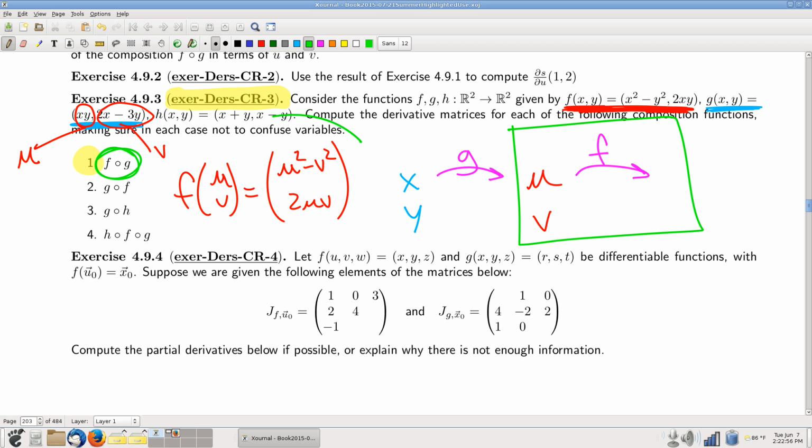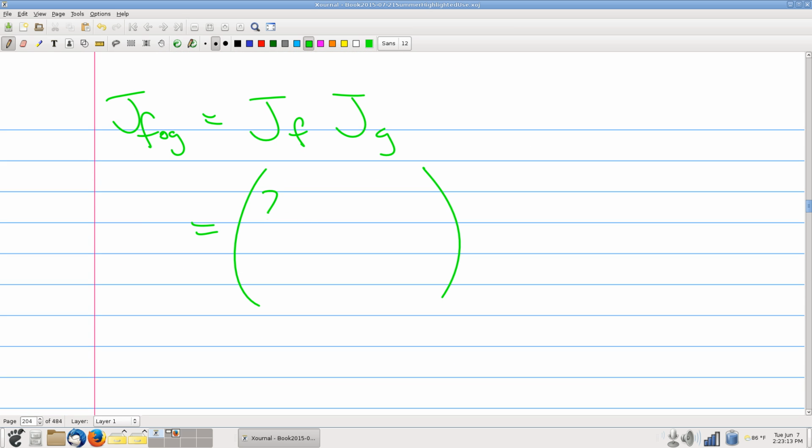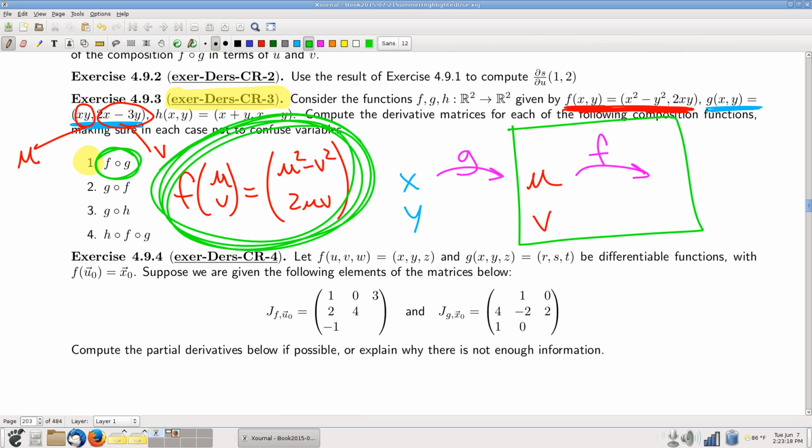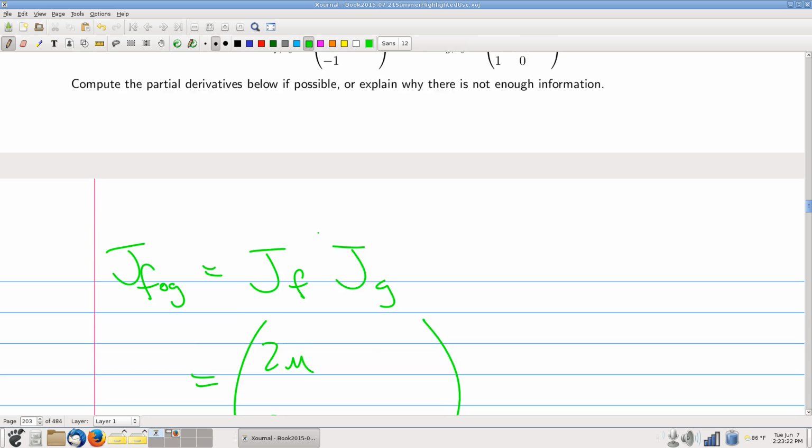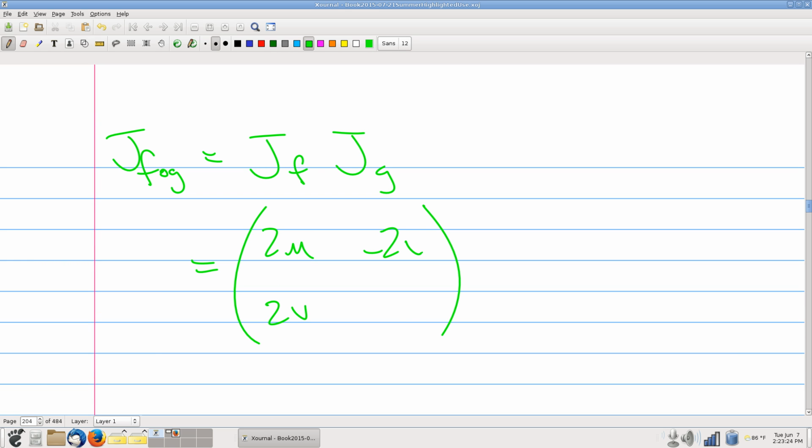F is that right there. I've got to take partials with respect to U as my first column, partials with respect to V as my second column. So U partials gives me 2U, 2V. V partials gives me minus 2V, 2U.